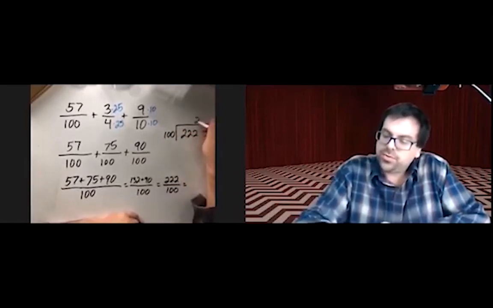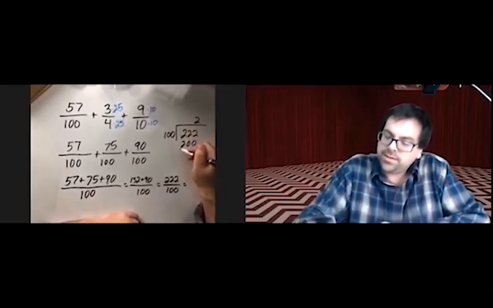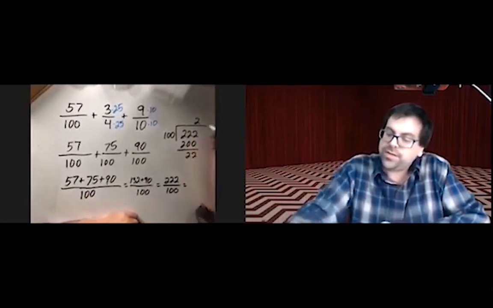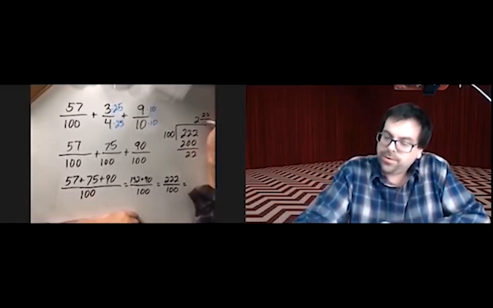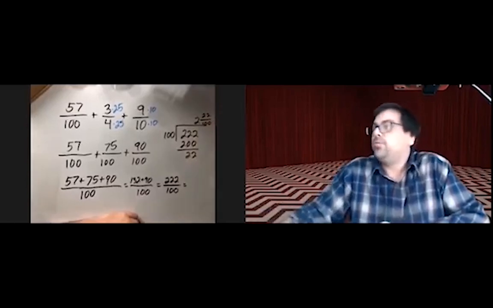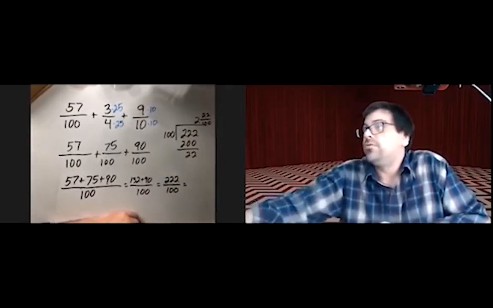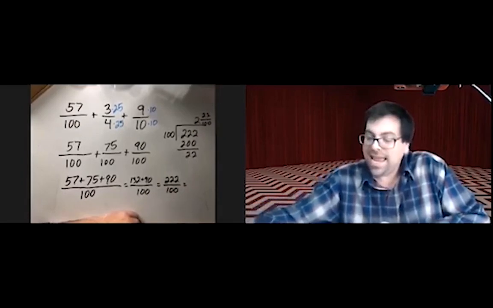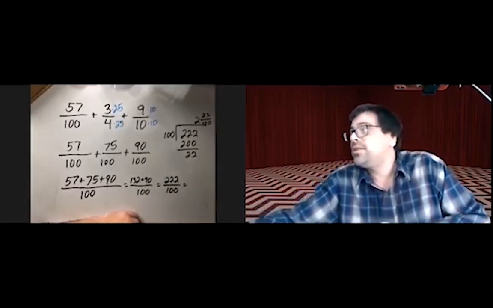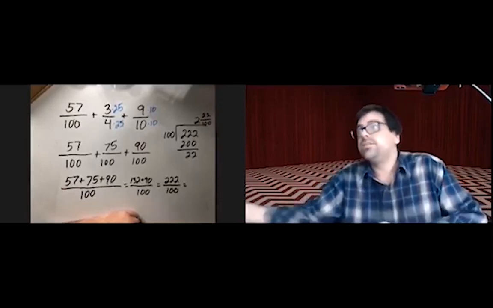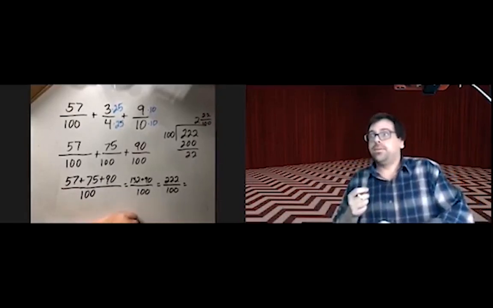100 goes into 222 twice, with 22 left over. If we put in 2 and 22 100ths, it still tells us the same thing.